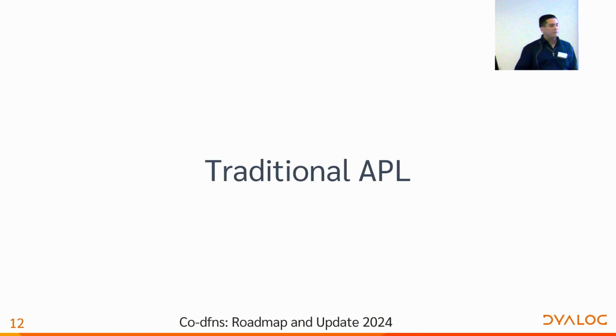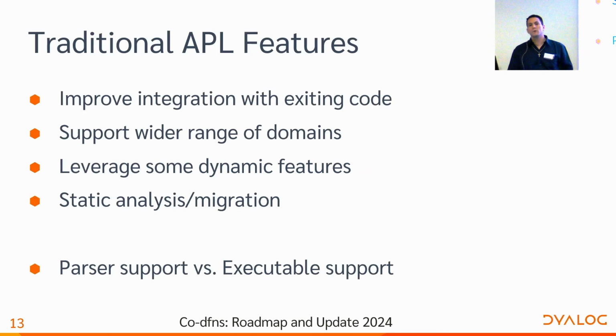So a lot of this stuff becomes useful for more than just what Morten calls the functionistas, right? The people that are doing modern functional programming. Right now, the compiler tends to focus on functional-oriented programming with dfns. But there's a lot of traditional APL features that we might want to access because that can improve your integration for these other domains and use cases.